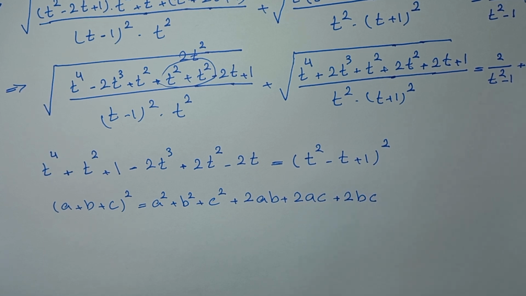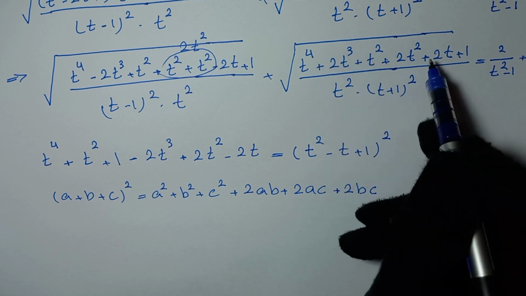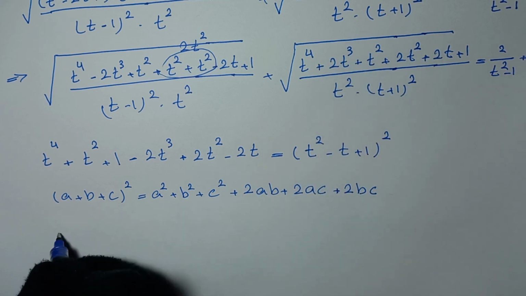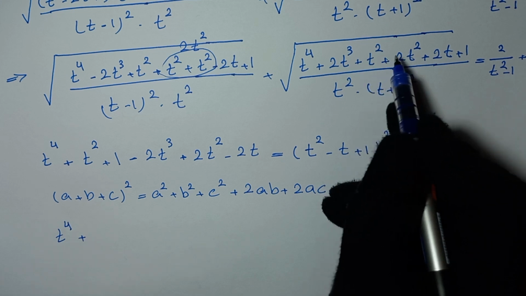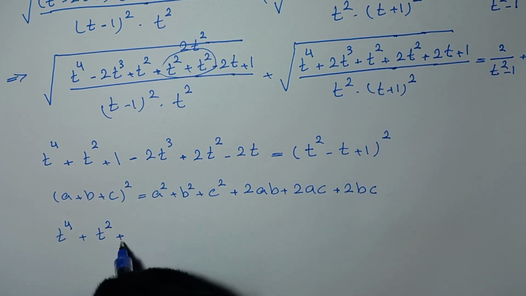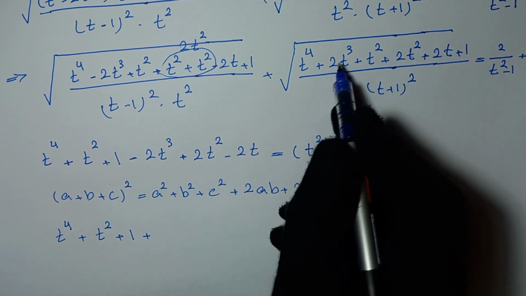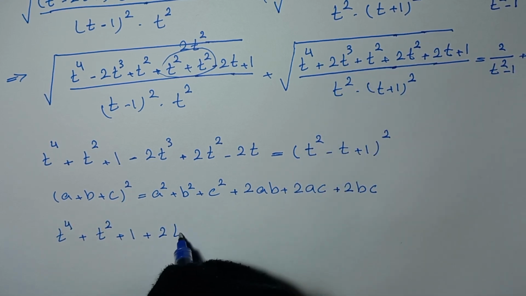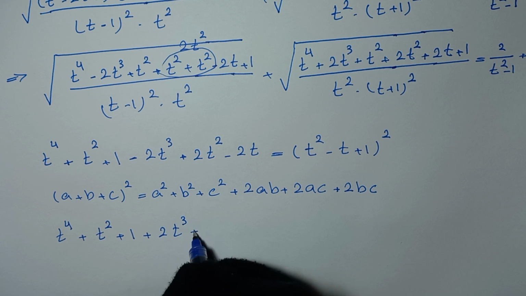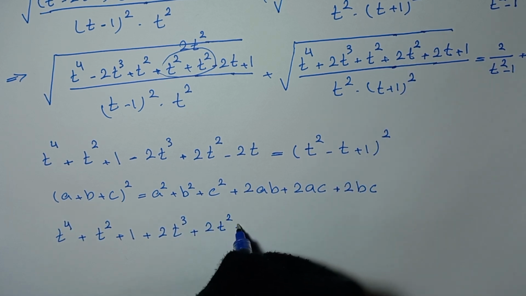So in this numerator, we have t to the power of 4 plus t squared plus this 1 and plus 2t cubed plus 2t squared and plus 2t.